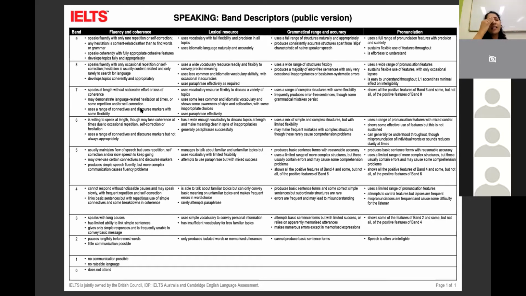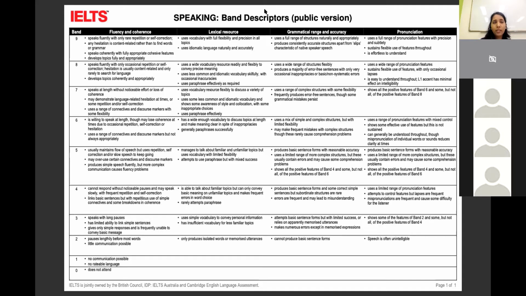Part 1 consists of short questions which do not require you to answer for a long time. You will be asked general questions related mostly to your personal life, basic general questions, and you'll have to answer in a sentence or 2. So do not answer in 1 word. Try to answer in a sentence or 2.